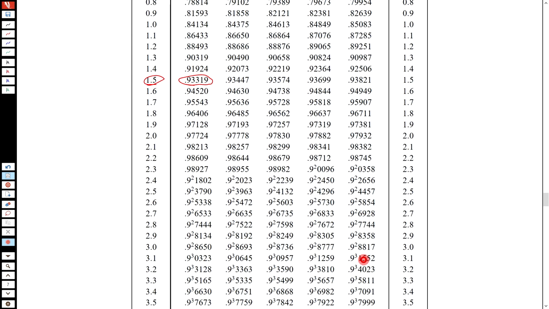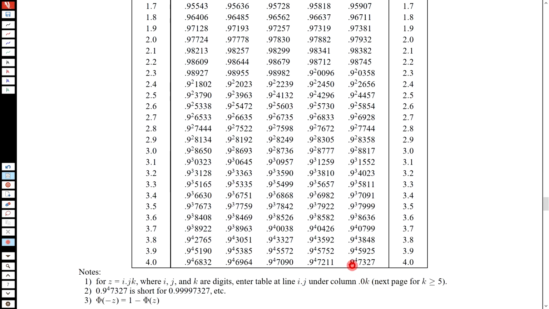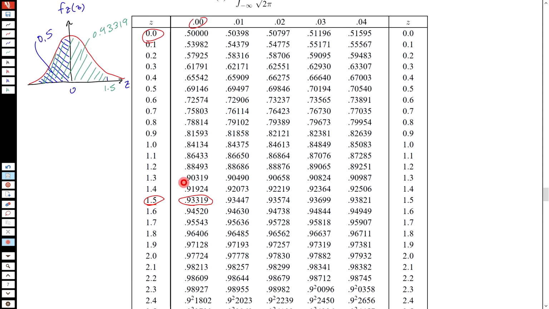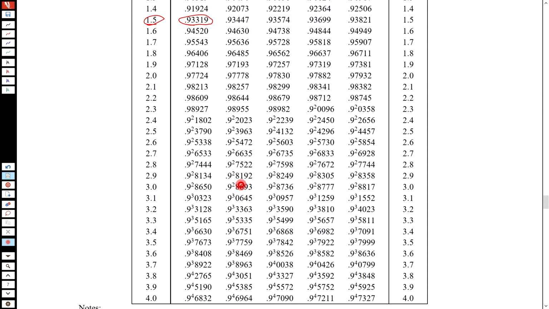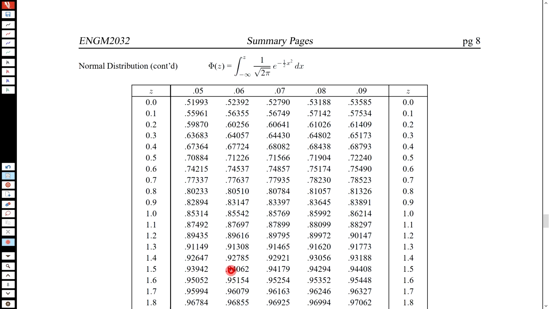The other thing to note is that these little superscripts mean 0.999. I didn't want to waste space on nines in these tables. When we get down here, there are 4 nines, 7327, and this is explained at the bottom. If we need 1.56, for example, we have to go to the second page. So 1.56 is this number here, 0.94062.